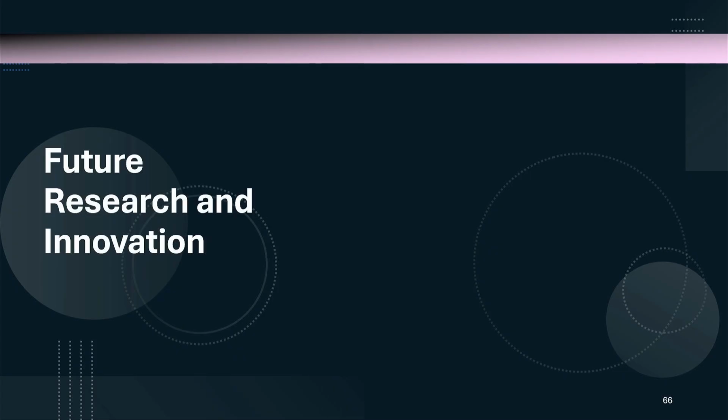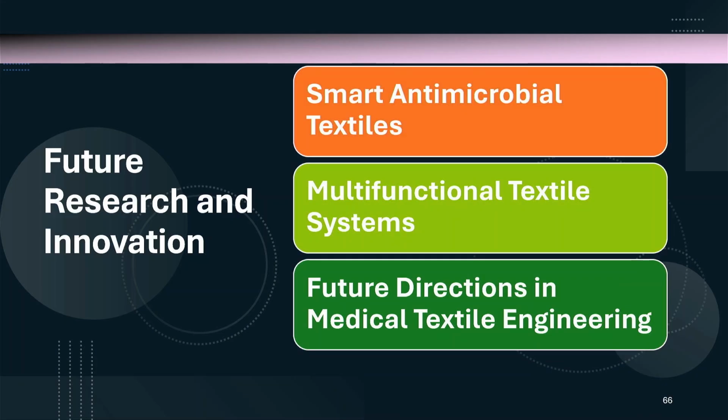The future research and innovations include smart antimicrobial textiles, multifunctional textile systems, and future direction in medical textiles. These are the areas in future research.